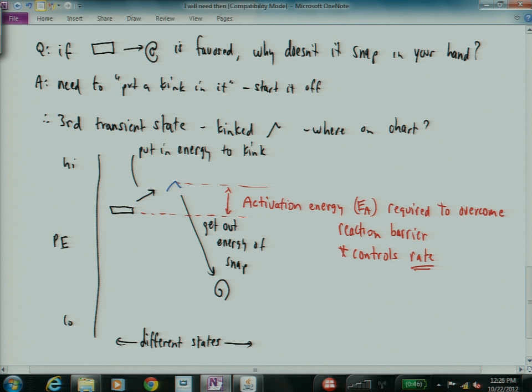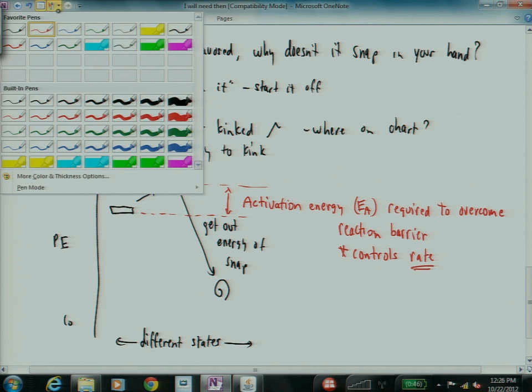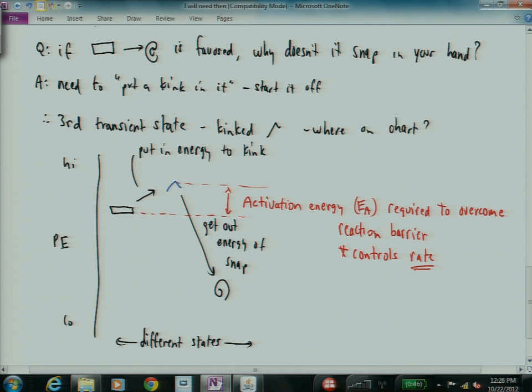Right? The other thing is, there's another energy up here. I guess I'll do that one in green. That energy from here to here, this is the overall energy. Okay?